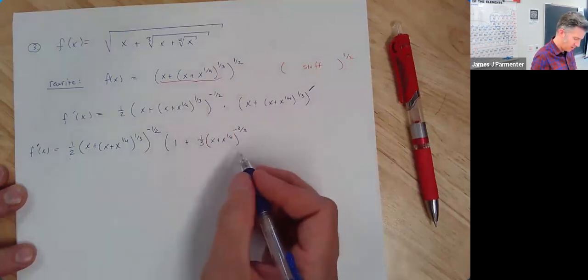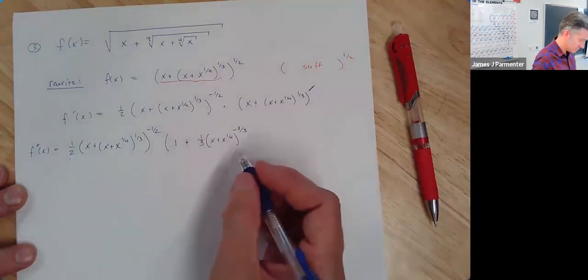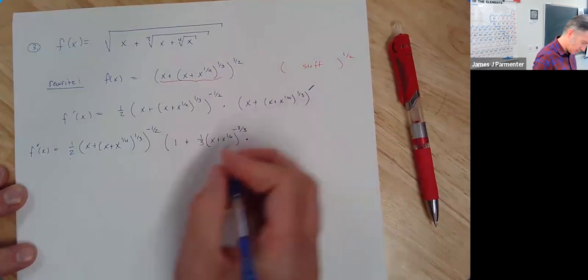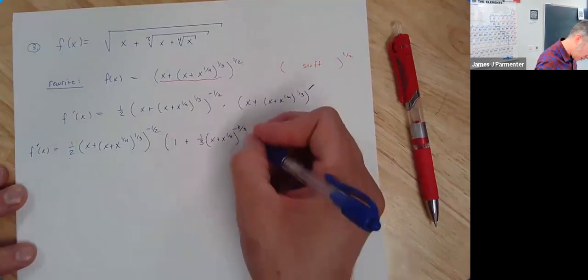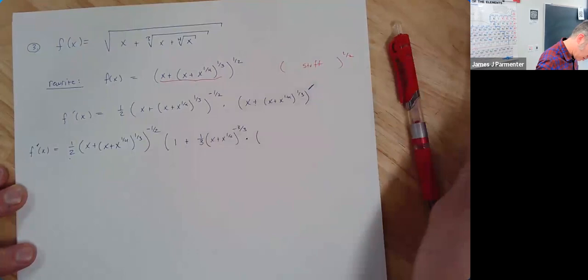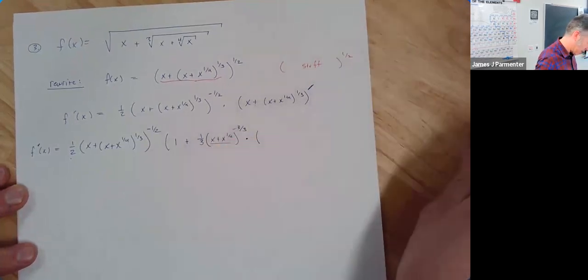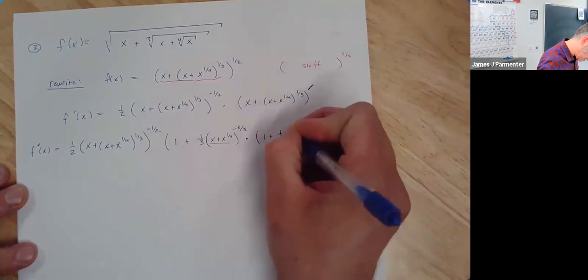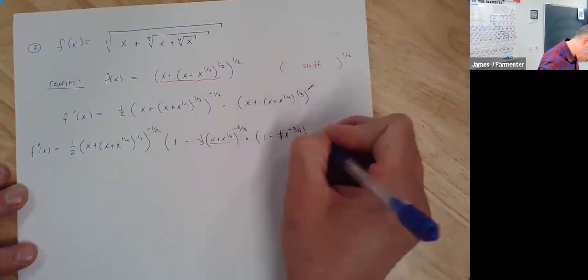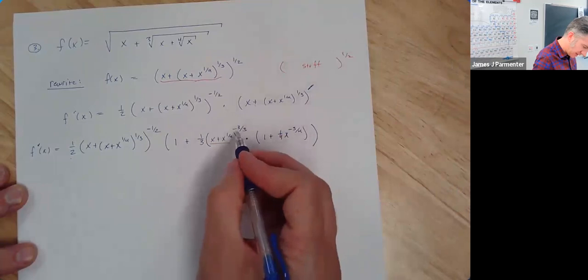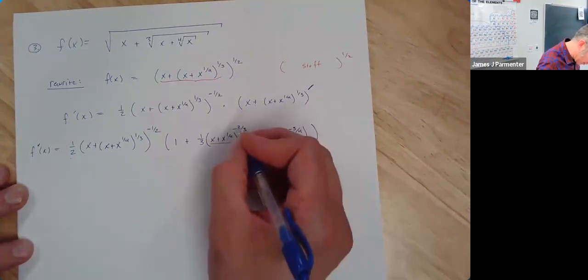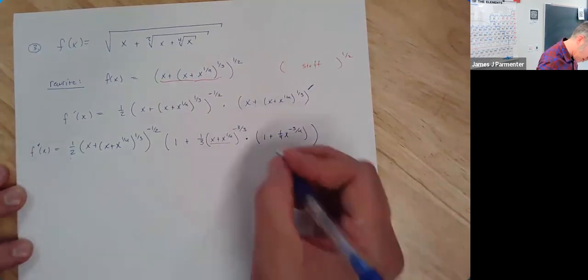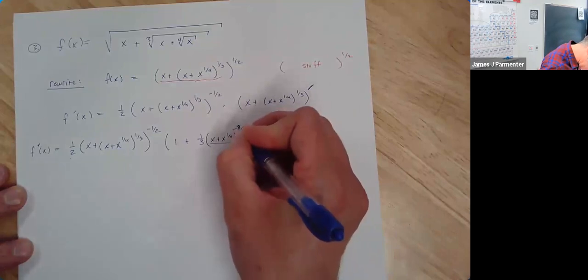But then what do I have to multiply by? The derivative of the inside stuff, which is going to be, well, the derivative of x plus x to the 1/4 is 1 plus 1/4 x to the -3/4. I know I said -2/3, and that really looks like a 3, not a 2. Let me just be careful. That there's a -2/3.